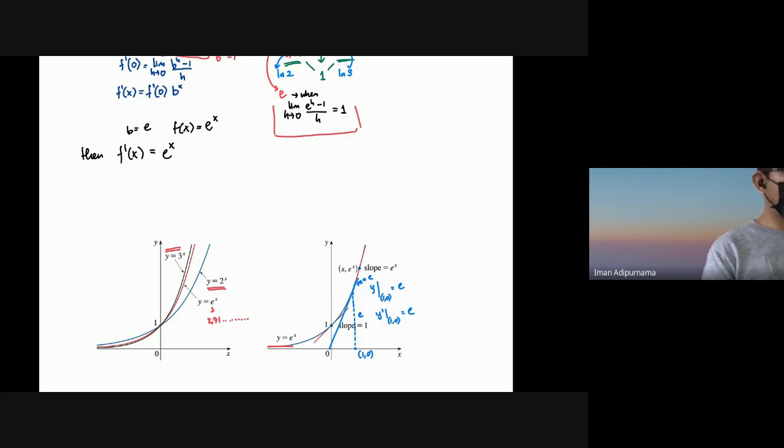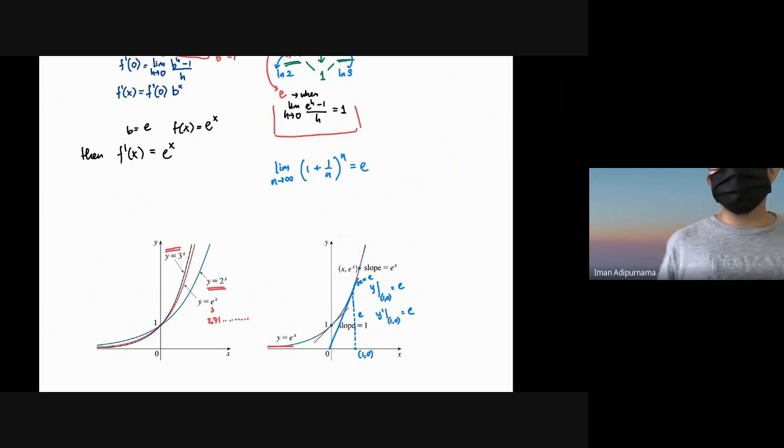Actually, there's another term to define e. This is another way to say that this is also e. Usually this is in finance, from compound interest. I think I will not go deeper on this one.